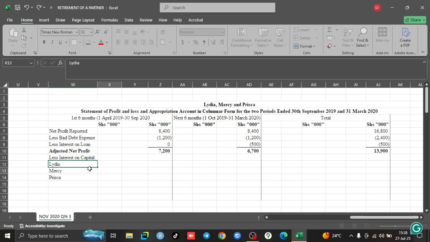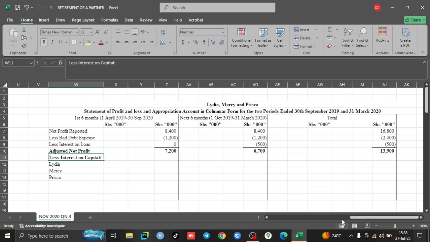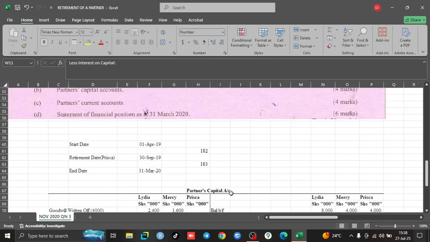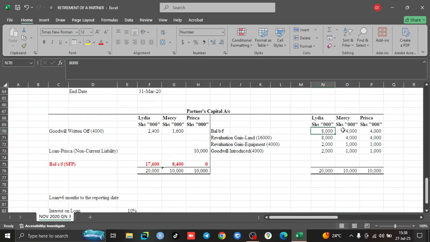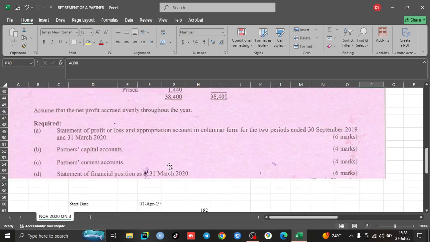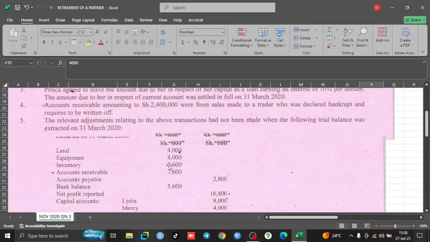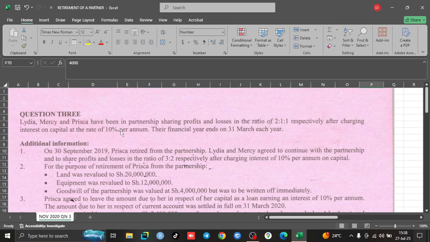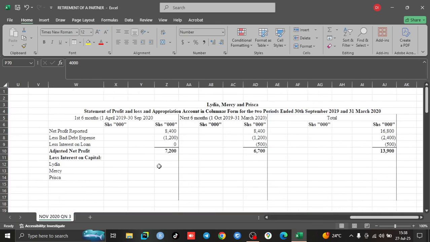So for the first 6 months, we are going to use the old capital before these terms change. The old capital being 8, 4, and 4. And how much was the interest on capital? The interest on capital was at the rate of 10% per annum. So it's 8,000 times 10%, but for half of that year.